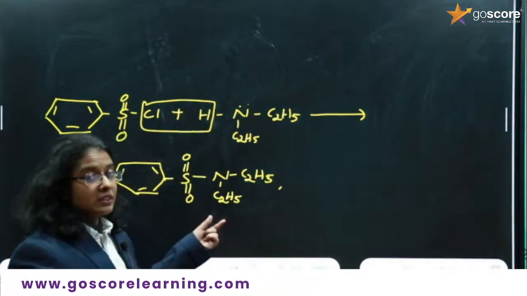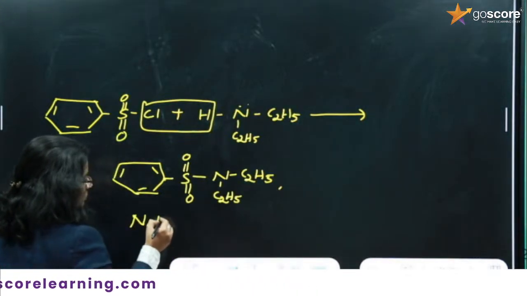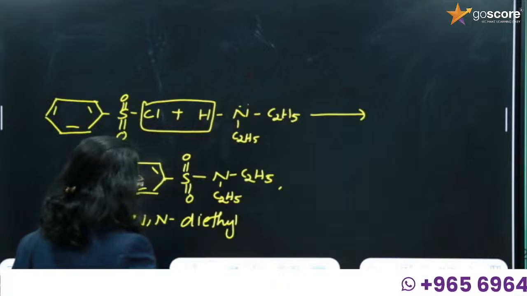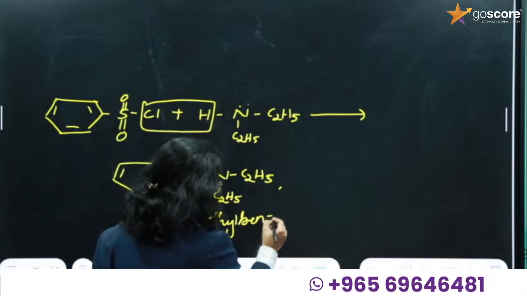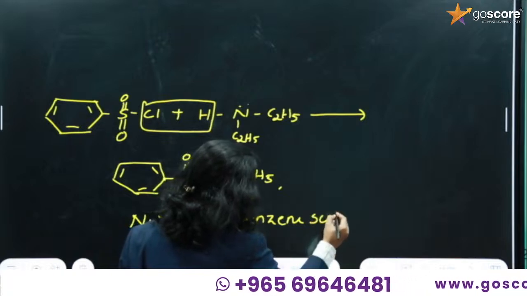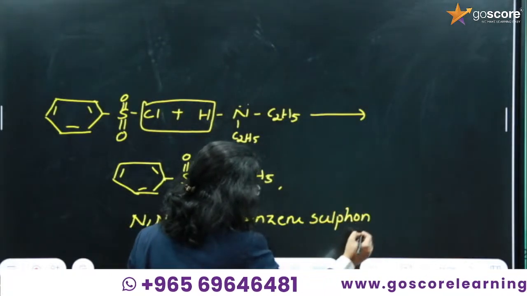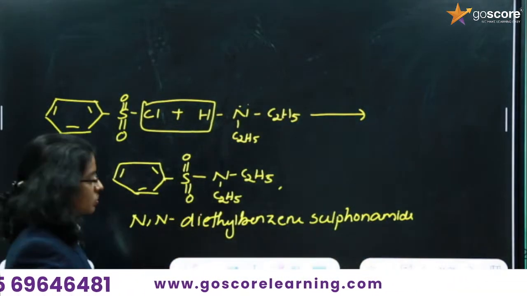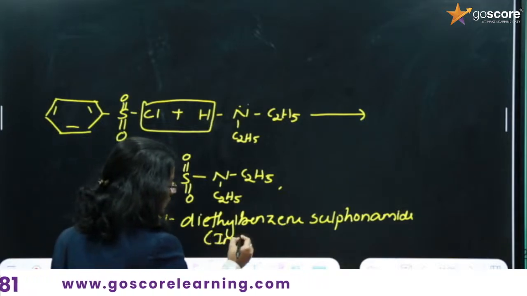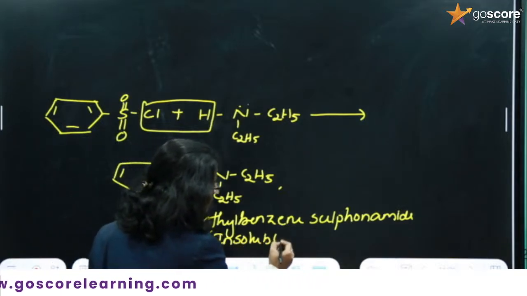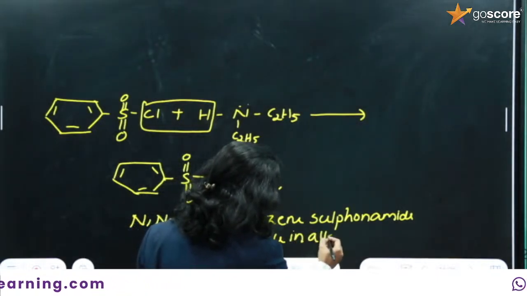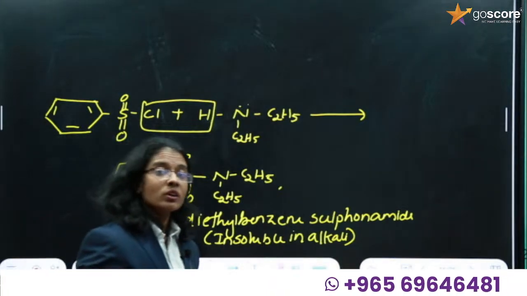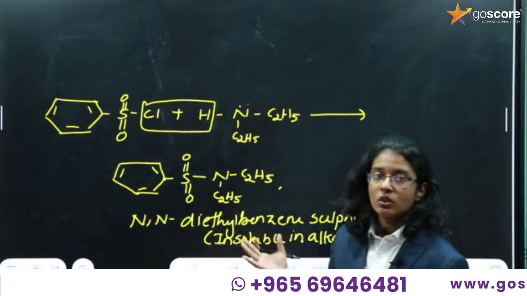That is, you will get N,N-diethyl benzene sulfonamide. Here there is no hydrogen, so it is insoluble in alkali. Tertiary amine do not undergo this reaction because there is no hydrogen.